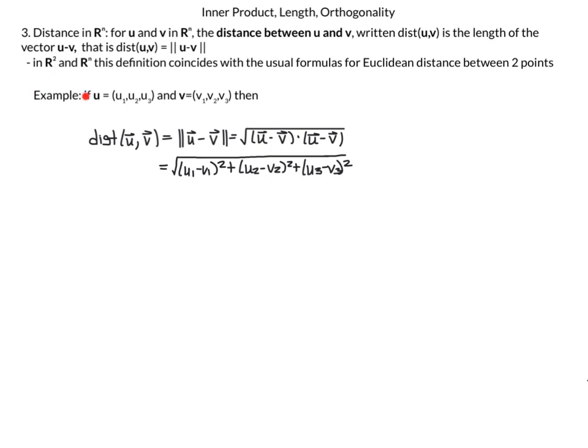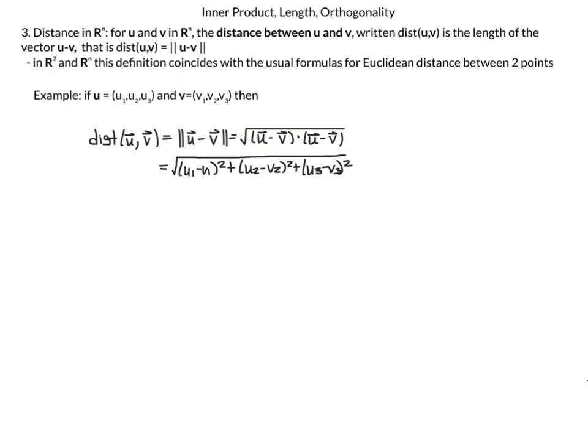This next example is deriving a distance formula for two vectors in R3. So if we let u be a generic vector in R3, so we'll just name it (u1, u2, u3), and v be a generic vector (v1, v2, v3), then the distance between u and v is the length of u minus v.